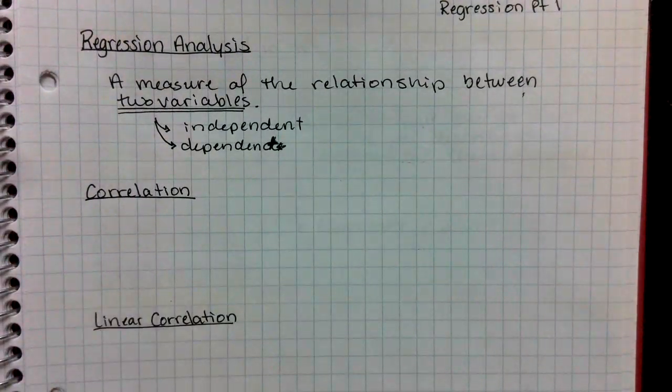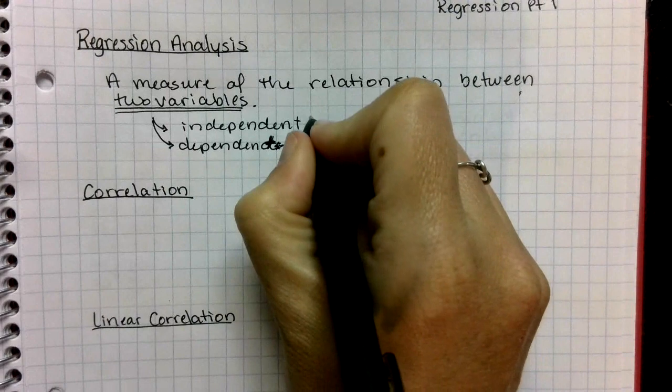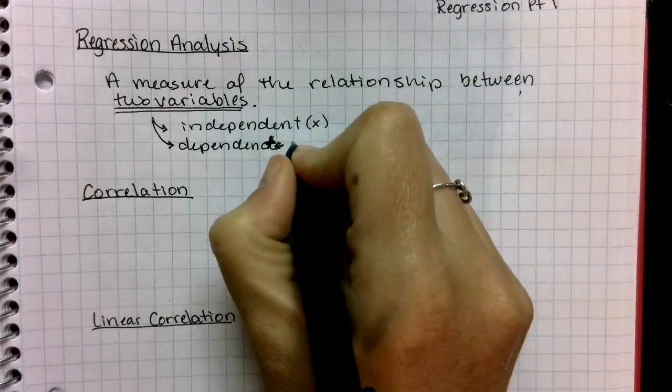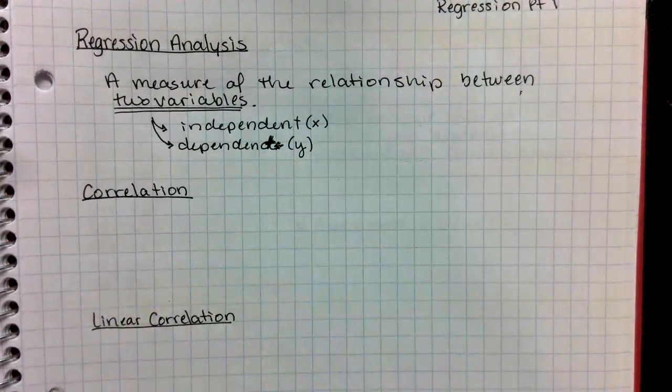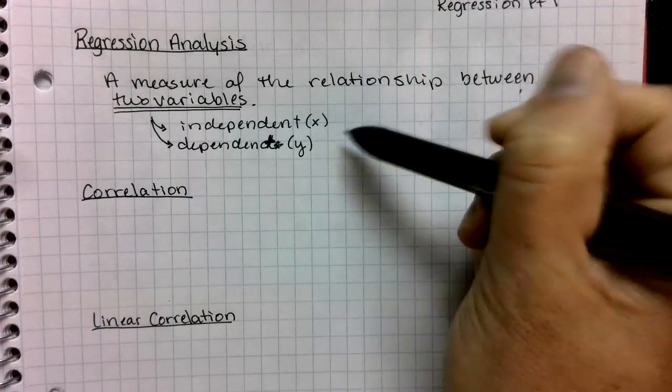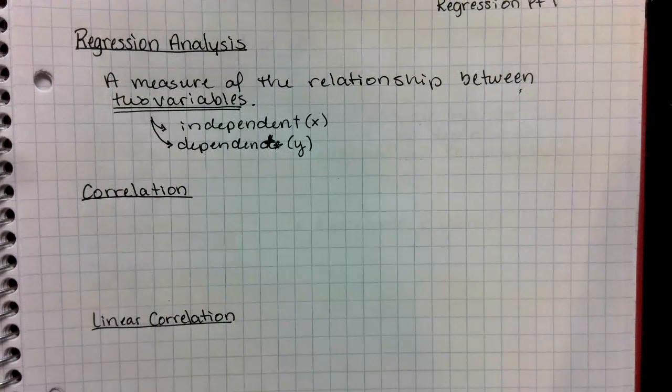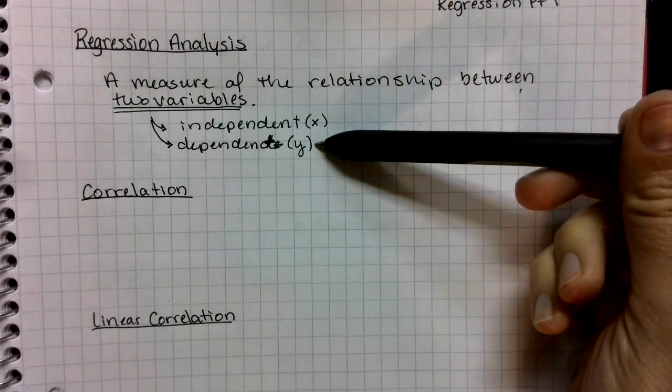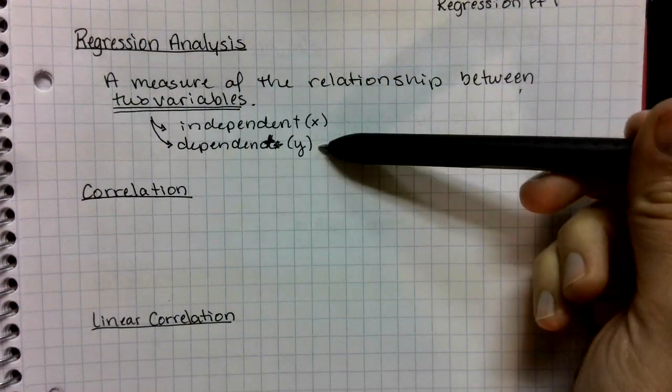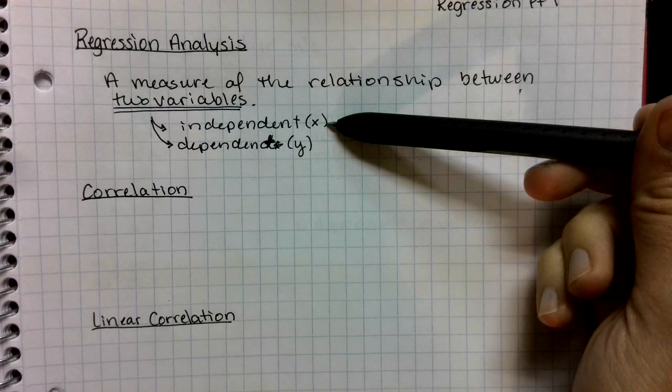Had to plug in my computer before it died. But your independent variable is always going to be your x variable, and your dependent variable is always going to be your y. We name them this way because the x can be whatever it's going to be regardless, but the y variable, we want to see if it depends upon the x variable.